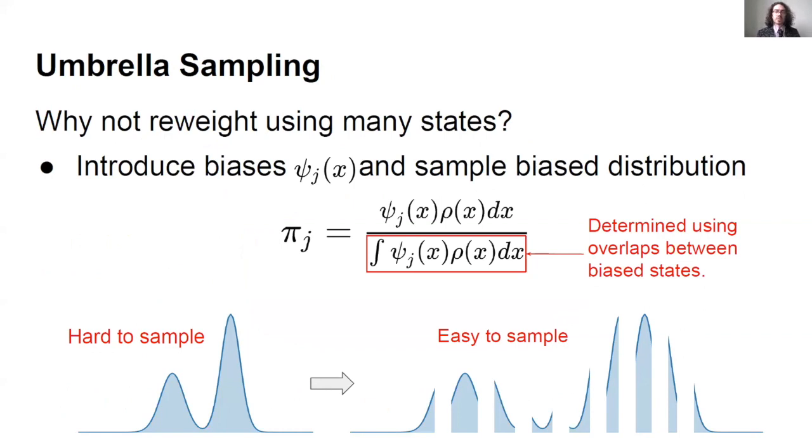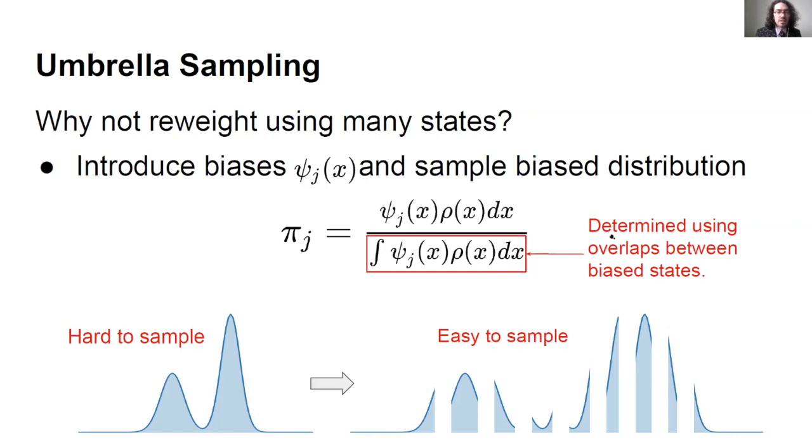It is very much related to extended bridge sampling, and also to, I found out yesterday, multiple importance sampling, which is apparently used in computer vision for light refraction. The basic idea is I'm going to introduce several bias functions, psi j. Then I'm going to sample these bias distributions, where I multiply my old density by psi j and renormalize appropriately.